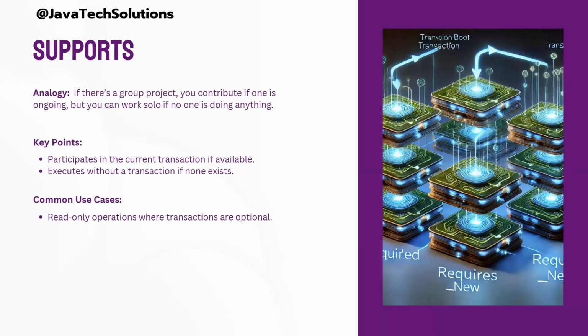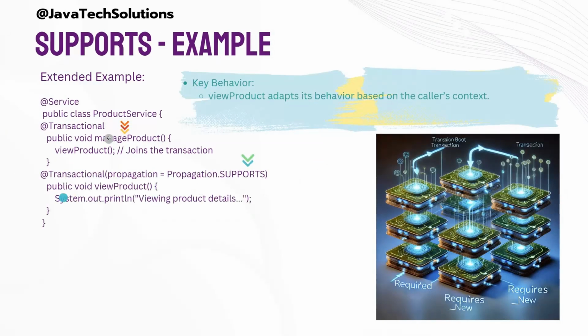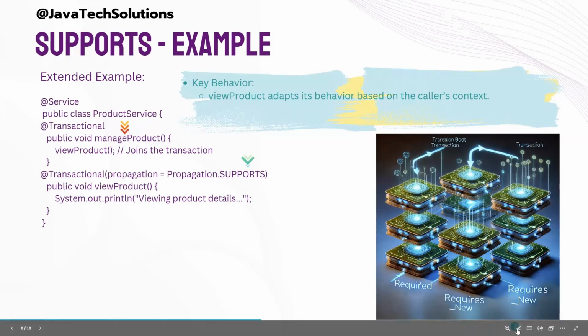Even where transactional behavior is beneficial but not mandatory, we can use this one. For utility methods that are called in both transactional and non-transactional workflows, we can also use this one.